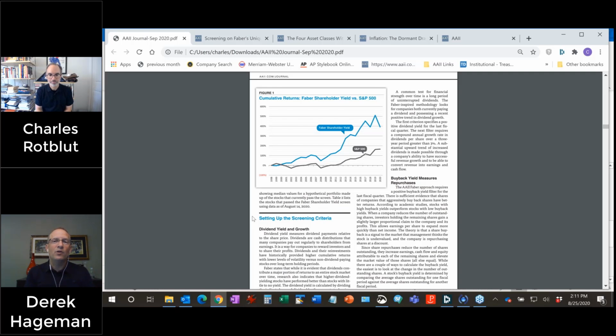And while there are a couple of ways to calculate the buyback yield, the easiest way is to look at the change in the number of outstanding shares. So a stock's buyback yield is determined by comparing the average shares outstanding for one fiscal period against the average shares outstanding for another fiscal period.